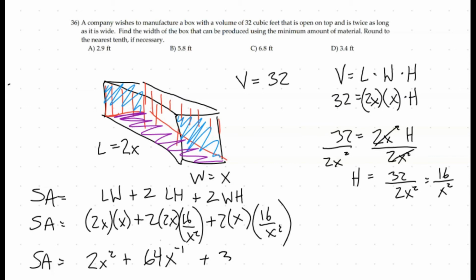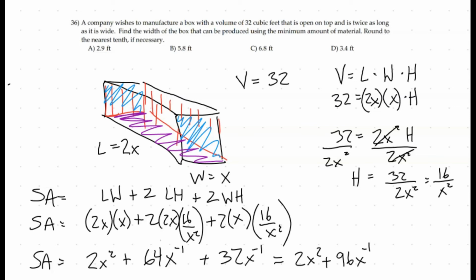This is going to be a 32, x to the negative 1. Those are like terms, and so we would be able to add them together. So then this becomes 2x squared plus, looks like 96 x to the negative 1.